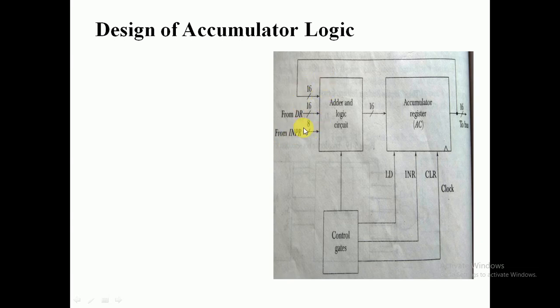After combining these inputs, it produces a final output with the help of this control logic, which is given to the accumulator as data inputs. These control logic gates are used to control the data of this accumulator with the help of load, increment and clear, and produce the output, and that output is connected to this adder and logic circuit.